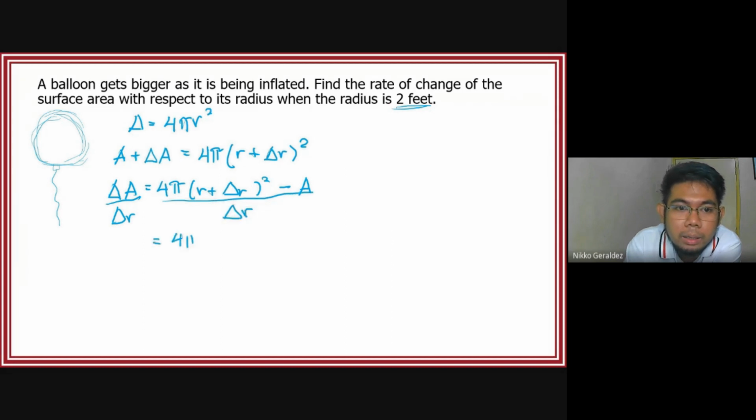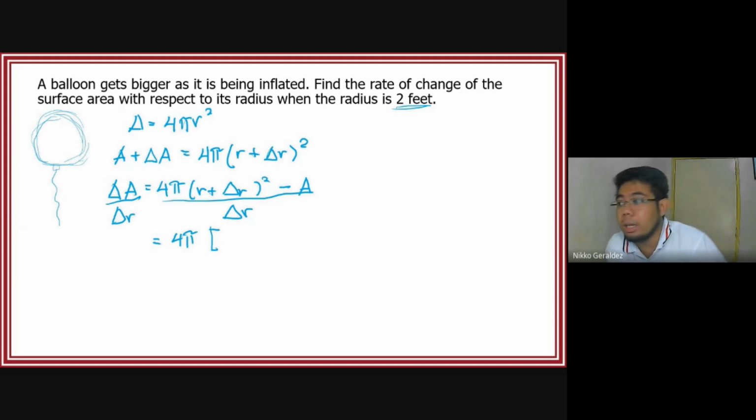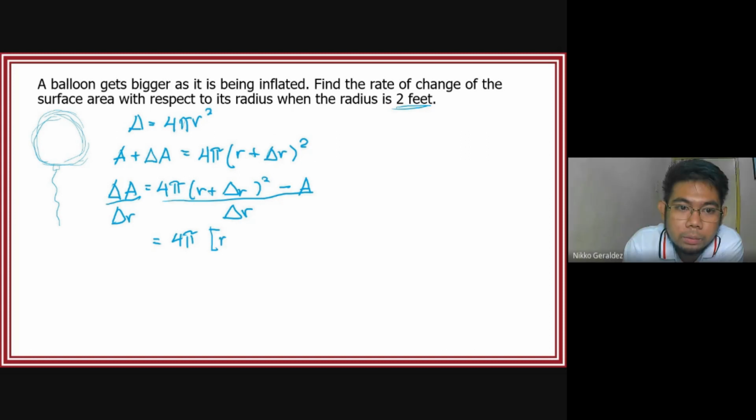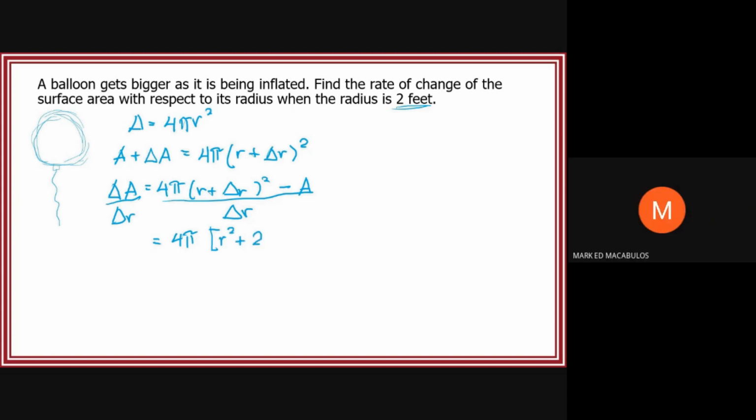So we have 4 pi times r plus delta r squared, FOIL method. R plus delta r times r plus delta r: r squared plus 2r delta r plus delta r squared. Very good.